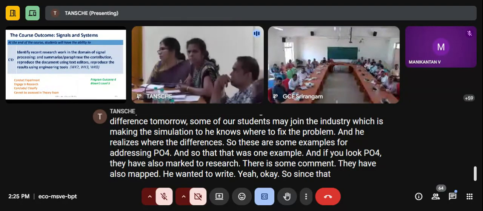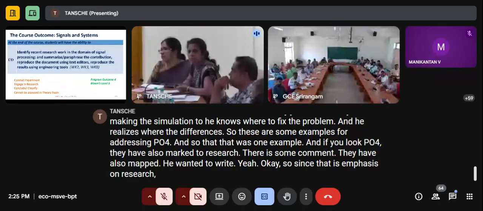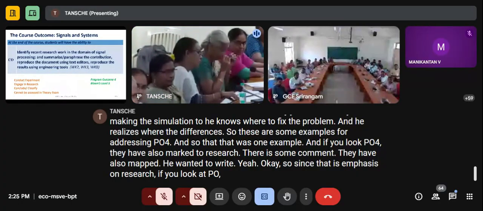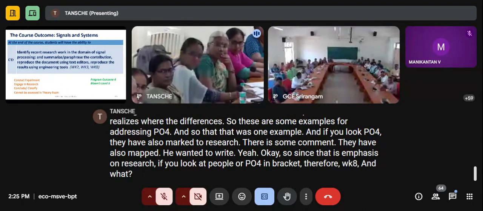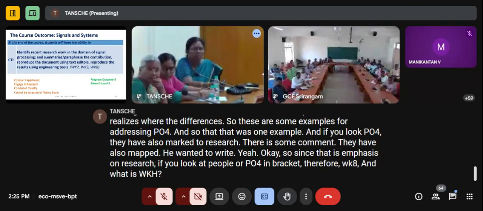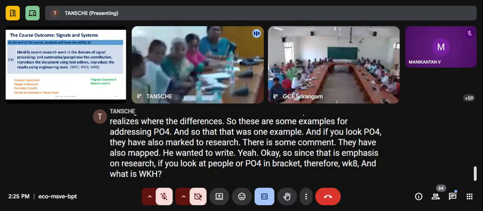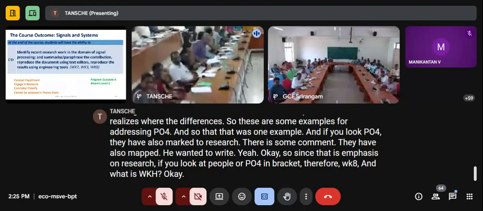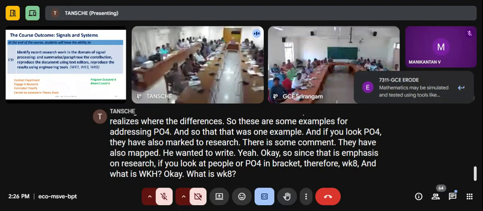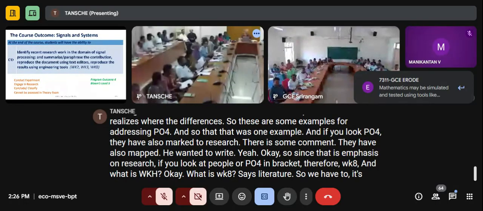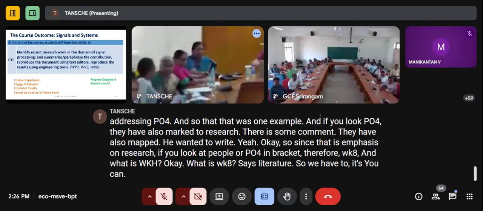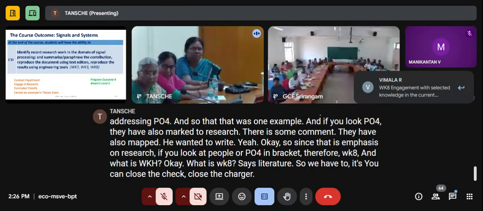Since there is emphasis on research, if we look at PO4, in brackets they have put WK8. And what is WK8? Research literature.